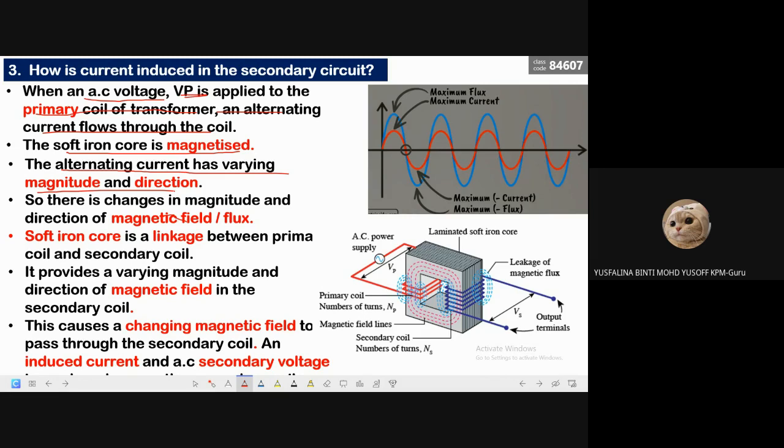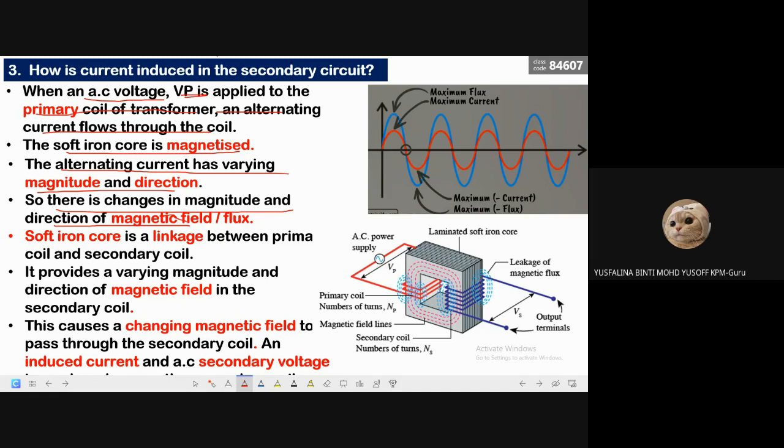Remember just now, it can change the direction, and you can see the pole also becomes different. So there is a change in magnitude and direction of the magnetic field. You can use either field or flux, it's the same. So of course there will be a change of the direction of the magnetic field.